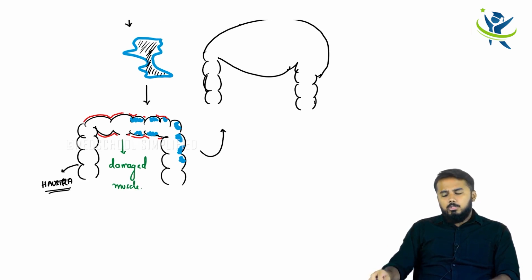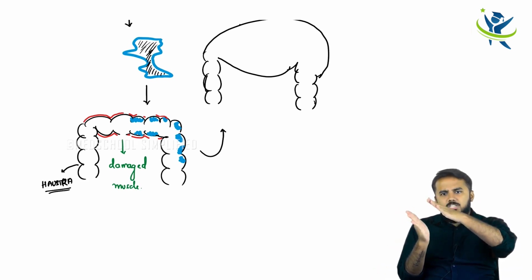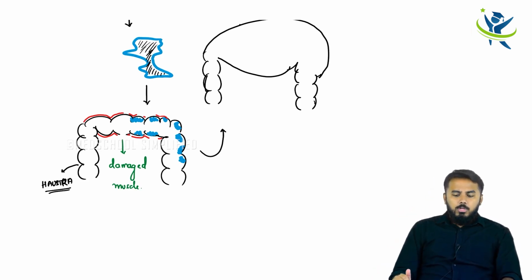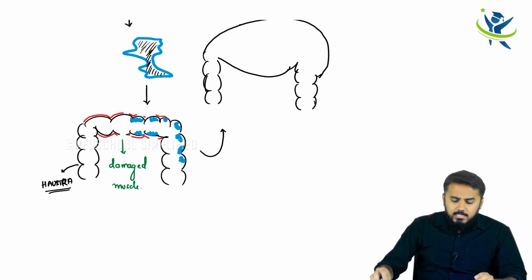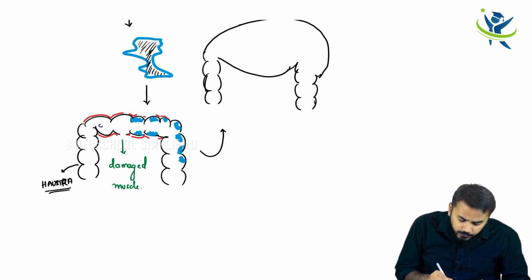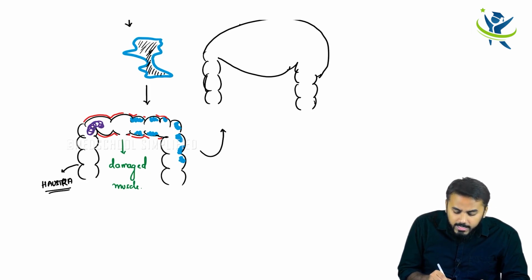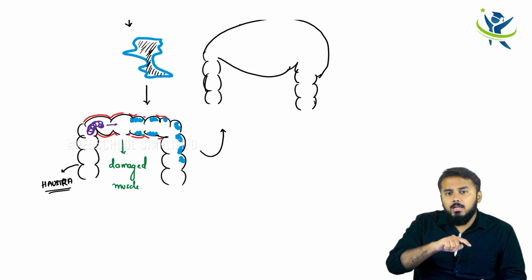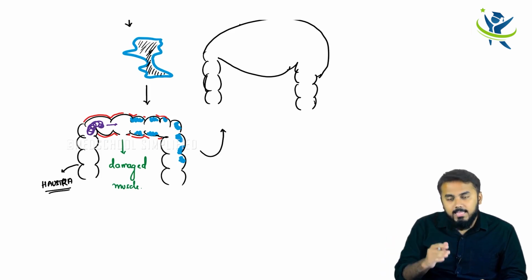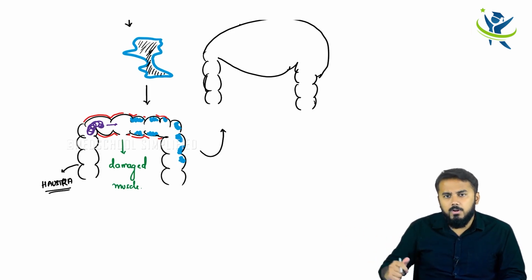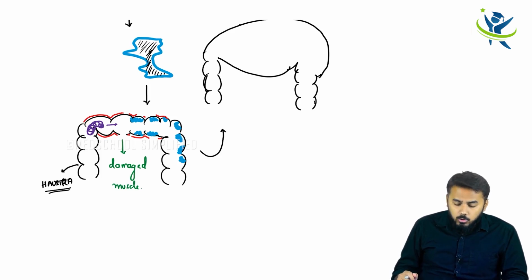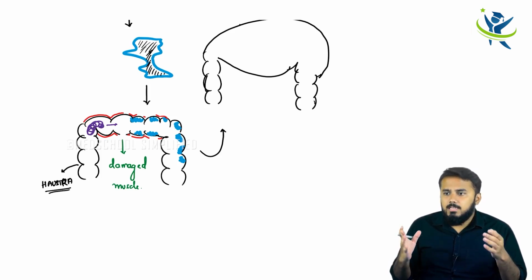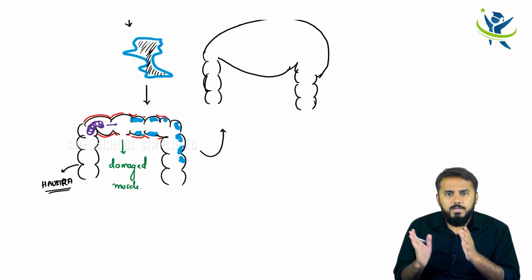Now when the muscle is damaged, do you think it will work? No, it won't work. So can it perform peristalsis? No. So the food which is present in the colon, can it be propelled forward? Can there be peristalsis of this food in the forward direction? No. When the muscle layer is damaged, there is no contraction, there is no peristalsis.